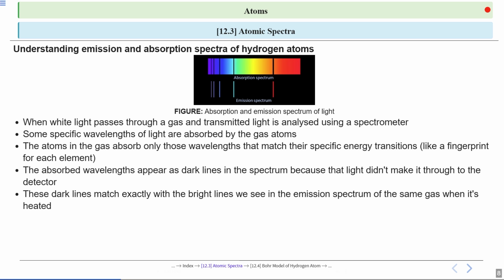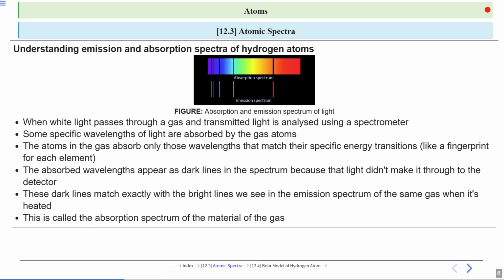Those bright lines represent the particular wavelengths that the atom emits when it is heated or excited by any means.